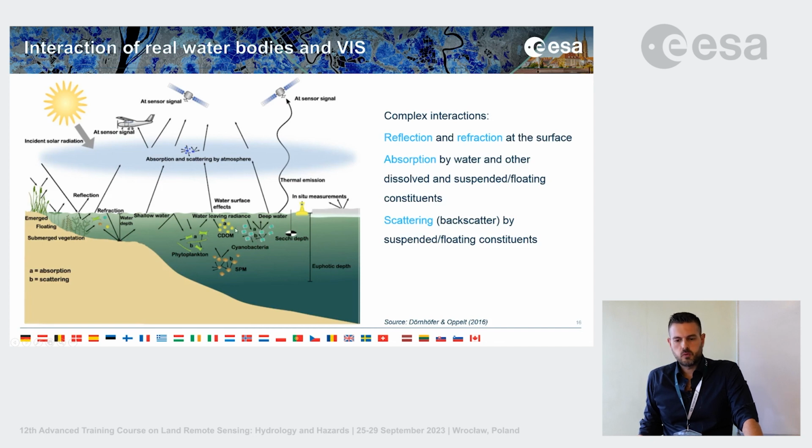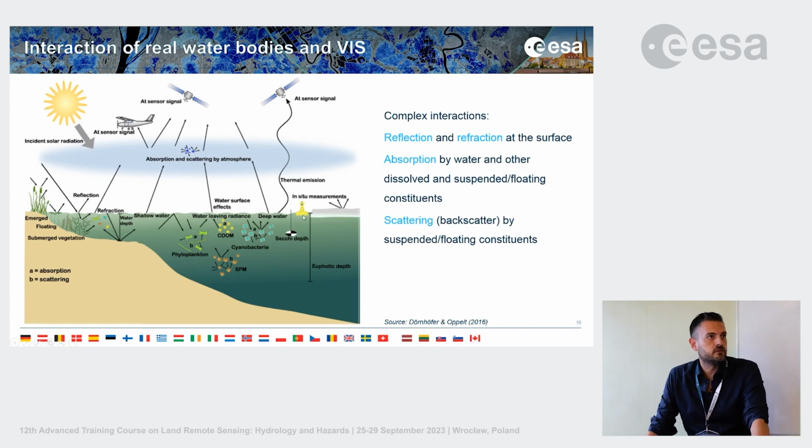So it's quite difficult to characterize very precisely the quantity of absorbed energy and the quantity of reflected energy. This is the reason why we have the in situ measurement, in order to calibrate and validate the satellite measurement.